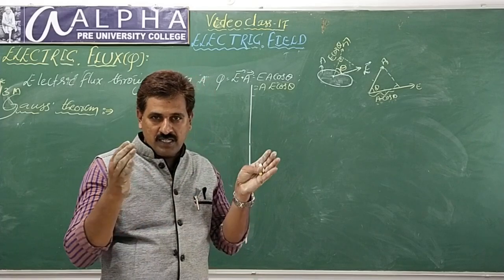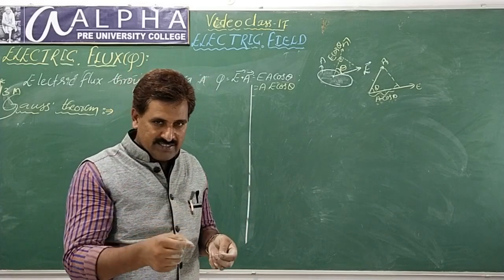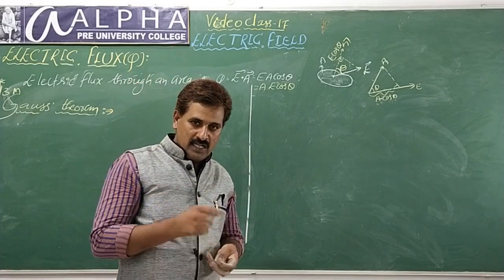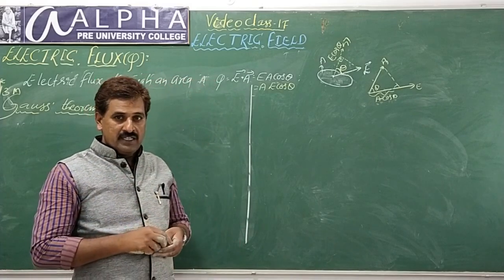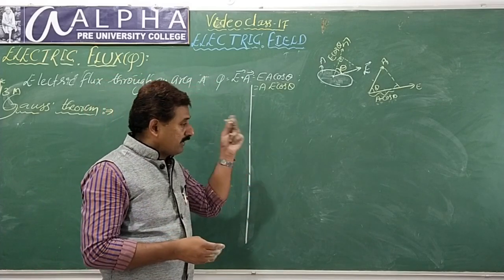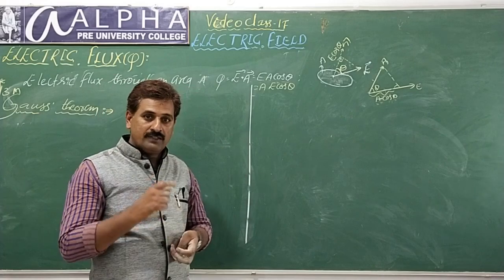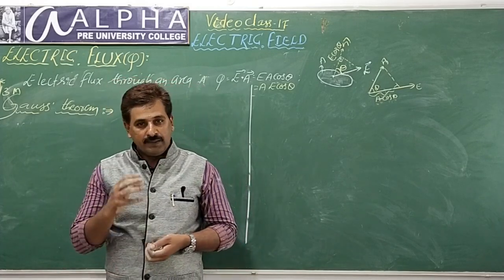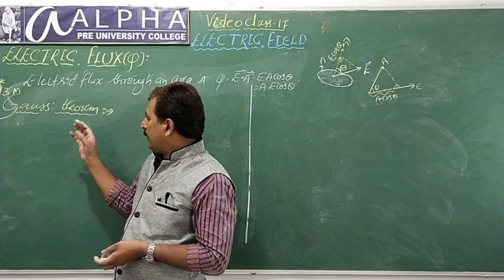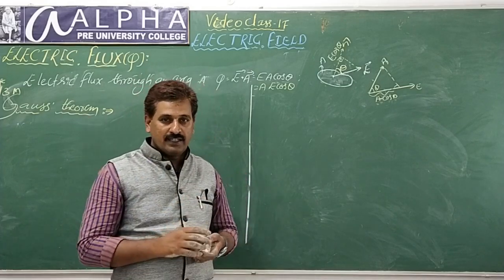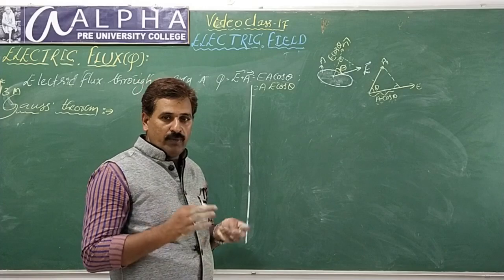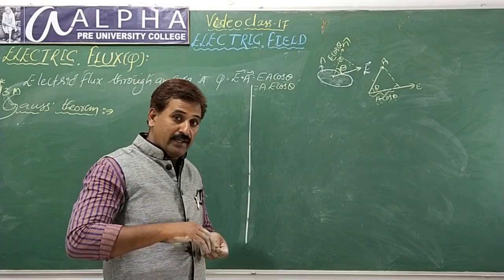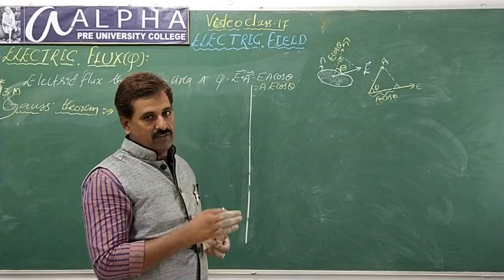For a large charge distribution like charges along a straight line, charges on a surface, charges in volume, the law cannot be applied. For such situations, Gauss, a genius, a prince of mathematics, developed an important idea, that is electric flux. By finding electric flux, we can evaluate the electric field.